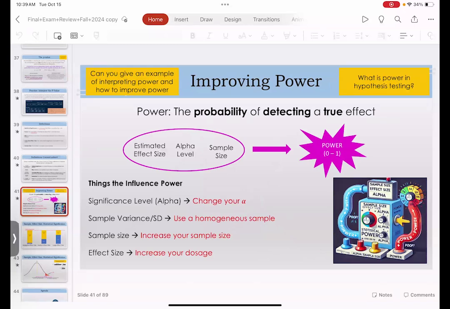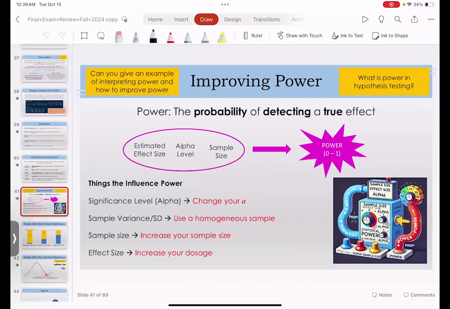Next one, sample variance. So this goes actually to Catalina's question around spread, right? Effect size has two things in it: effect and spread. So we can increase this component of power by either increasing the top part, by increasing dosage, so how far apart the means are, let's say, or decreasing spread. Those are the two ways to increase that third component of power.